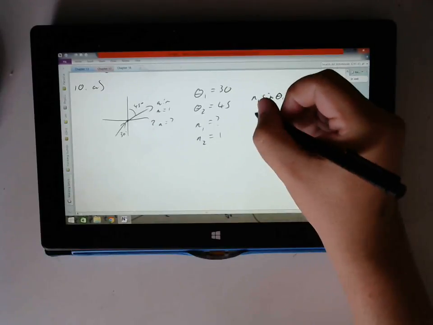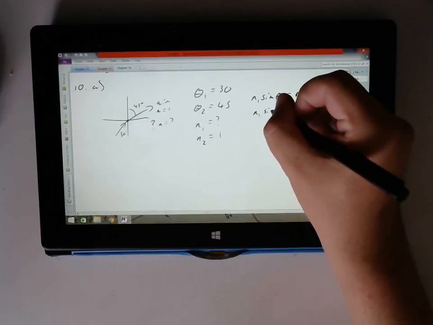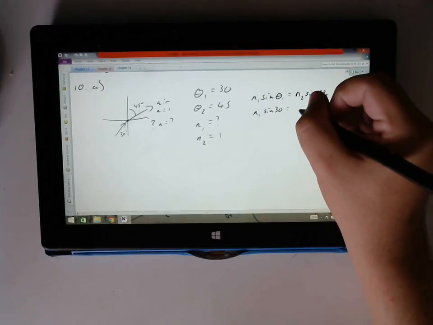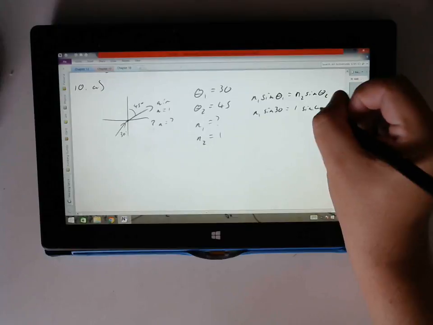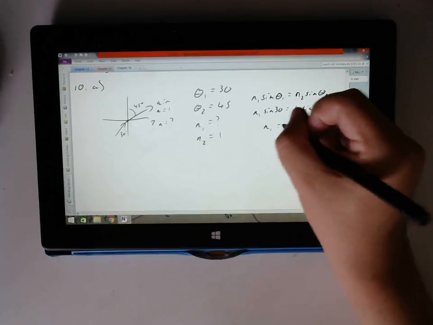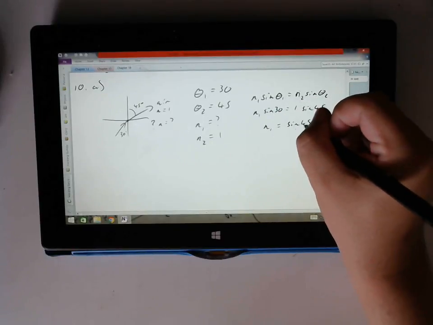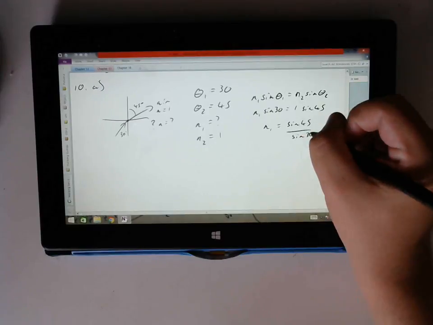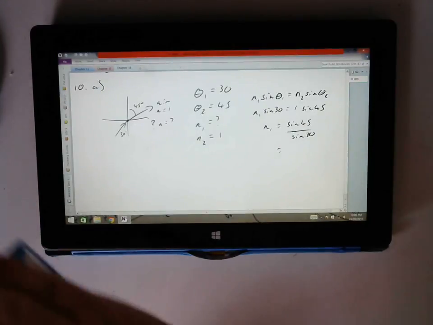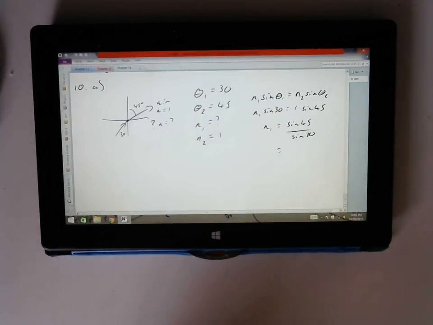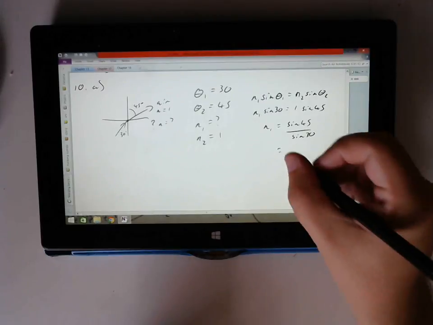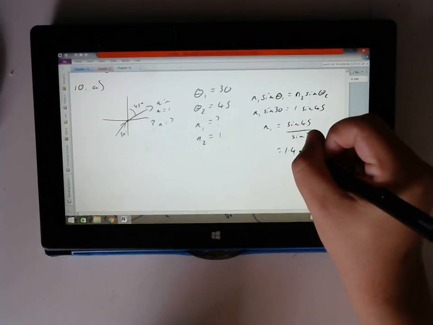Let's substitute. n1 sine 30 equals 1 times sine 45. So n1 equals sine 45 over sine 30. Chuck it on our calculator. Sine 45 divided by sine of 30 gives me n equals 1.41.